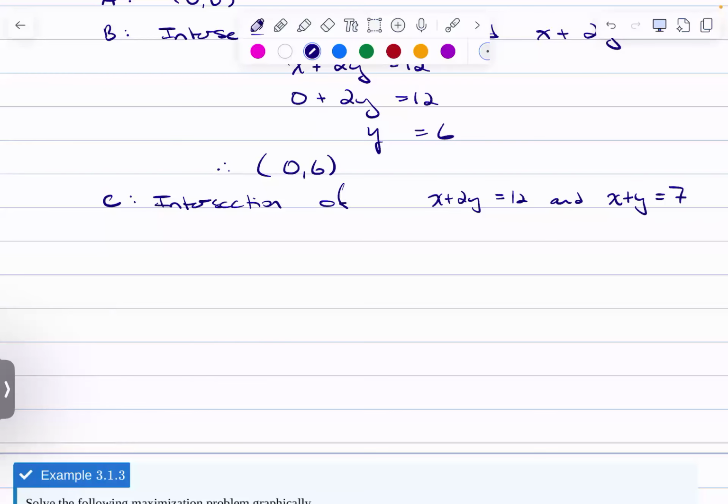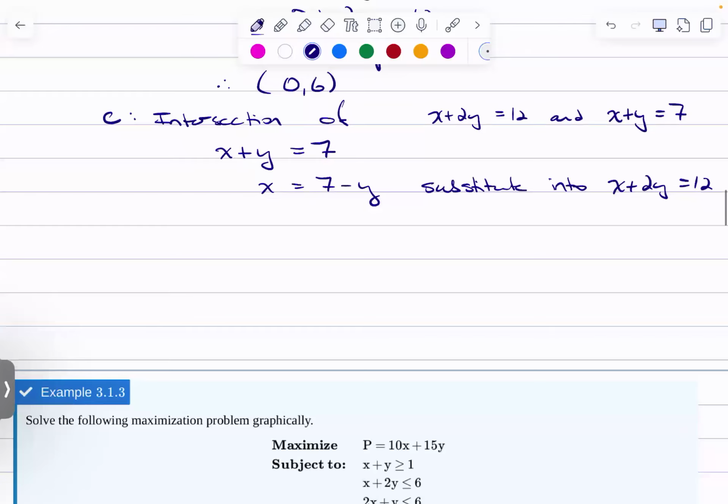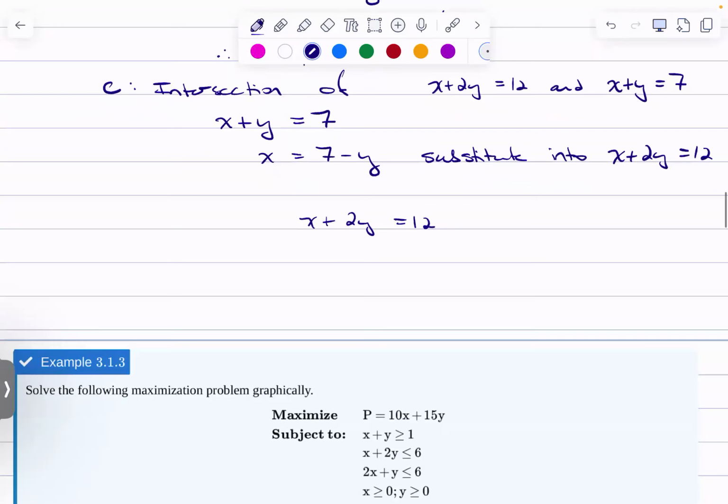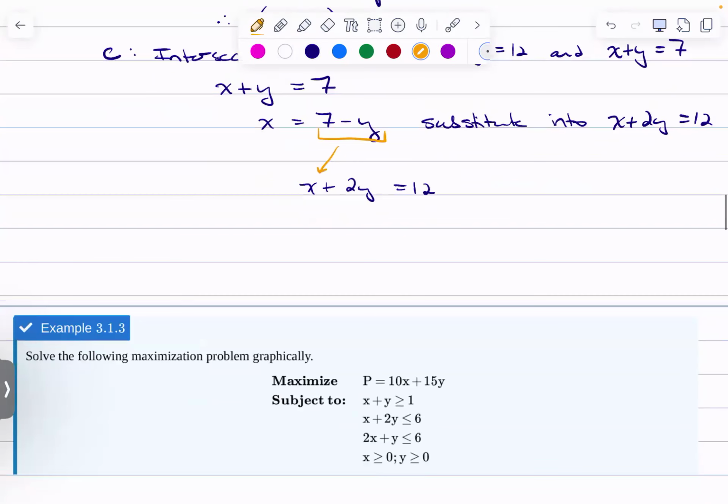Let's see here. All right. So the intersection: x plus y is equal to 7. In that one, I'm going to solve for x. X is 7 minus y, which I'm going to substitute into x plus 2y is equal to 12. So then I start here at x plus 2y is equal to 12, where x is now replaced by 7 minus y.